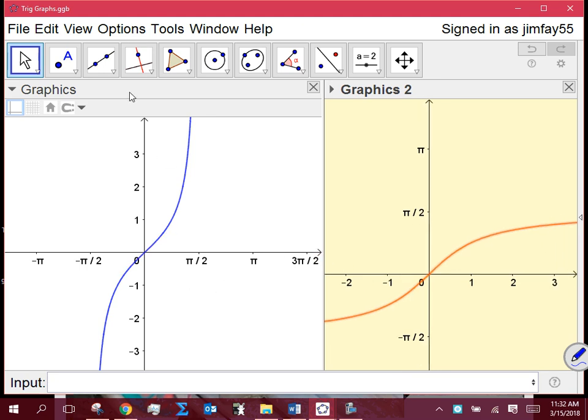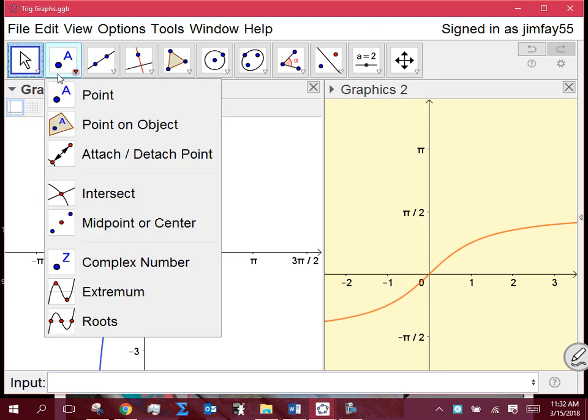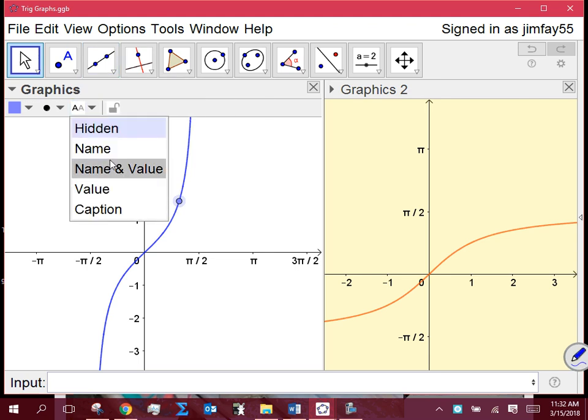And hopefully this makes sense to you. Let's see here. Just choose a point on here and ask that to show me the name and value.